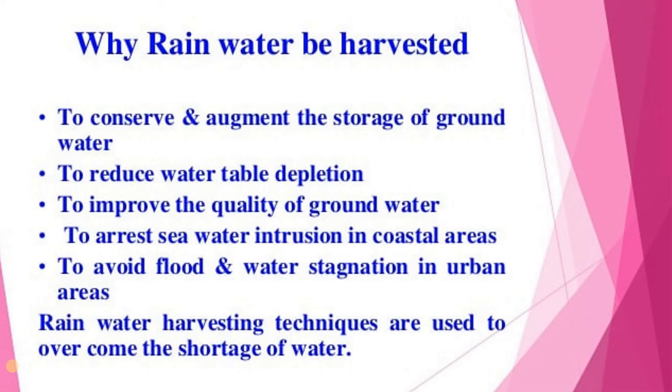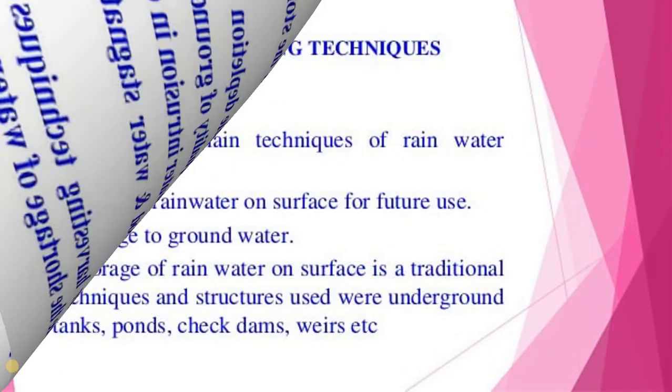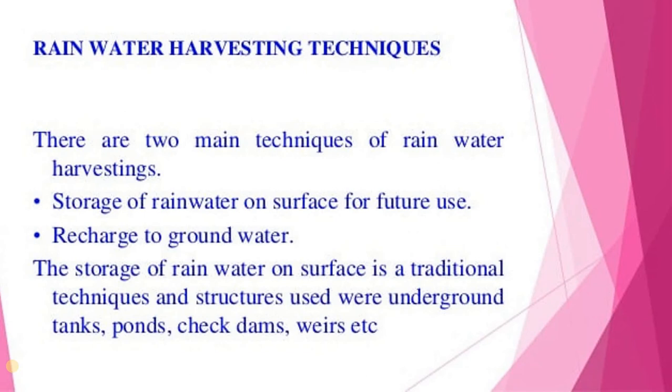Most of the rainwater which falls in cities goes directly to the drains. So rainwater harvesting is very much essential in city areas. It makes more water percolate into the ground, and it is usually done in those areas of a city where tube wells for supplying water are located.